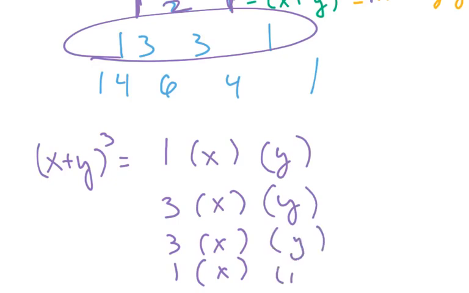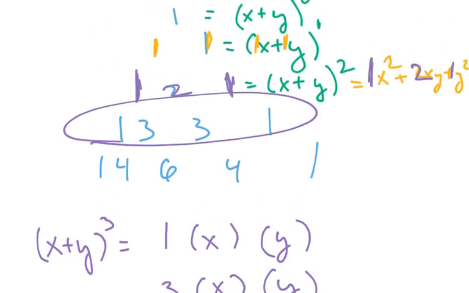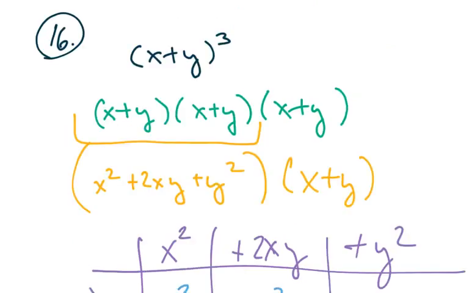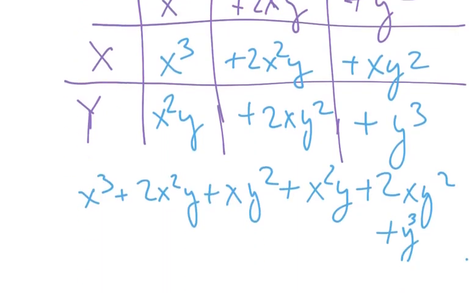And what you'll notice, and this is a phenomenon that will always occur, is that as one decreases, so notice that x squared goes from 2 to 1 to not even being there, the other one increases. So notice you don't have a y, but now you have y1, and now you have y squared. So notice here, when we wrote the final answer, we had 3, then 2, then 1.